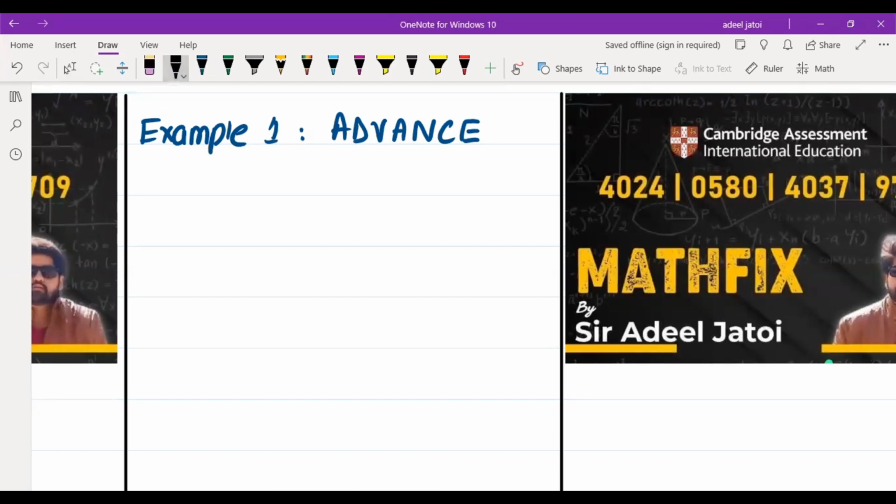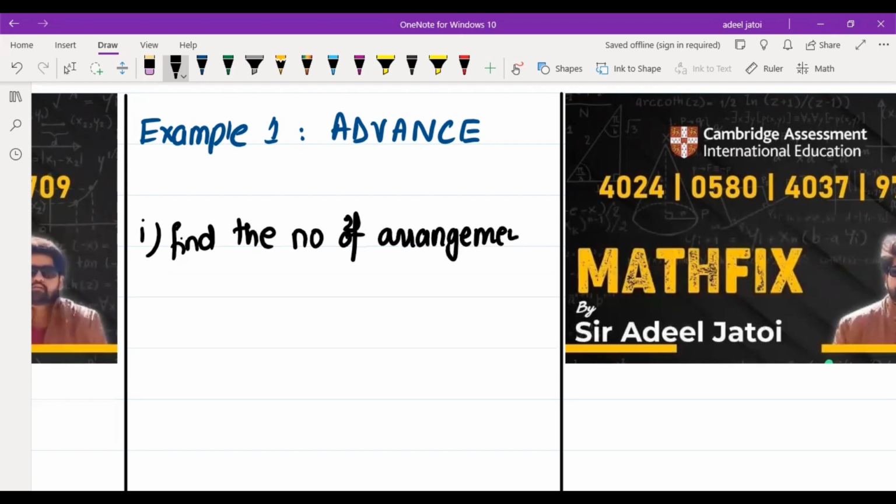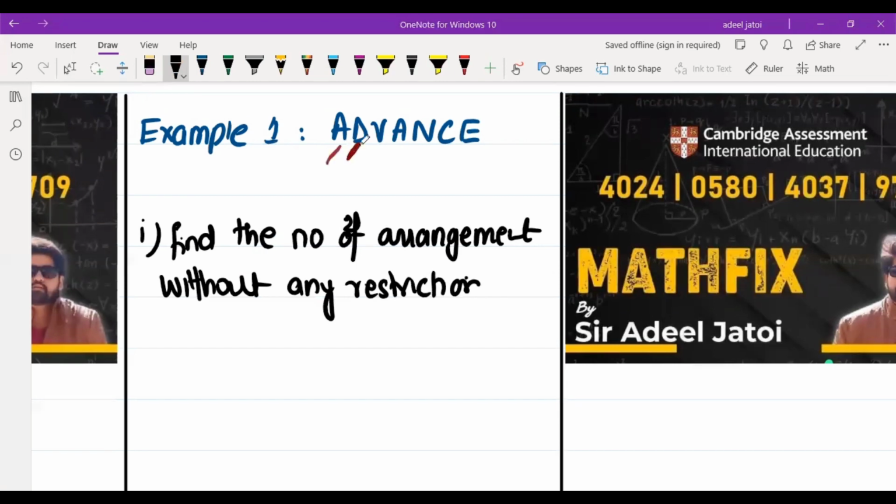So the question can be, find the number of arrangements without any restriction.